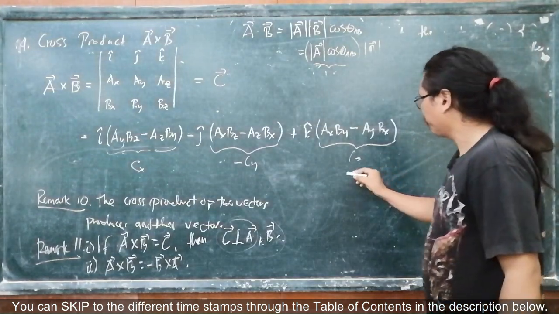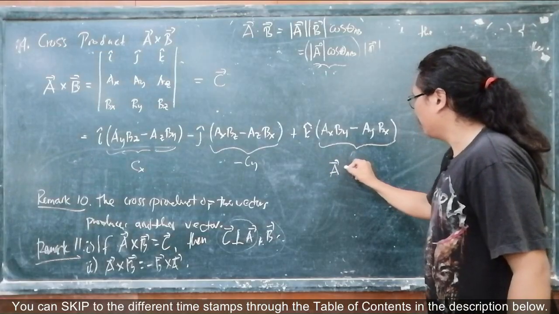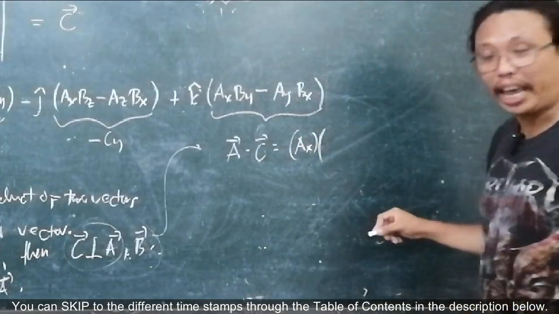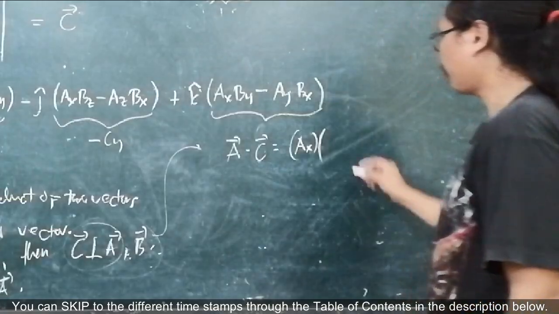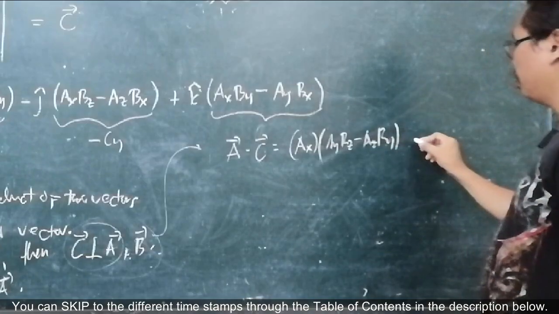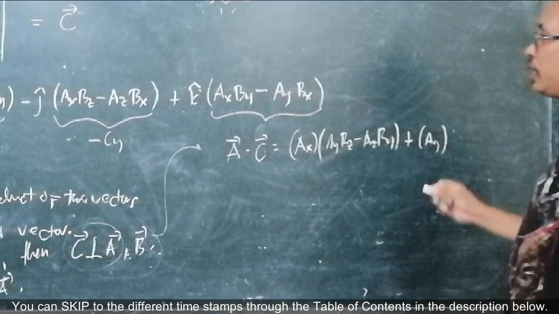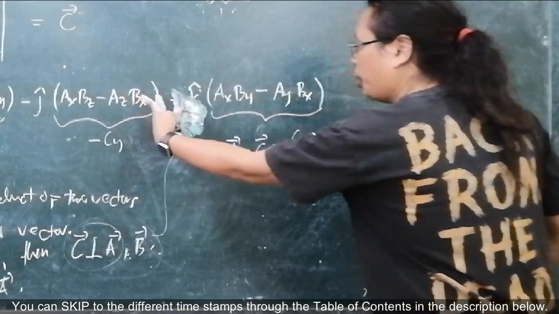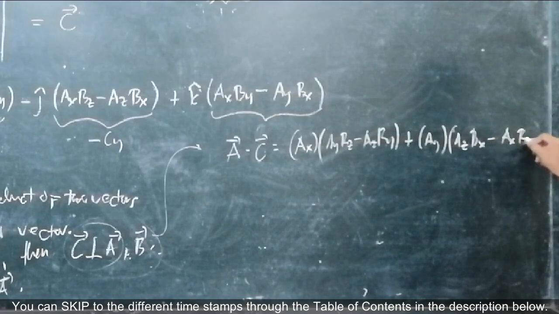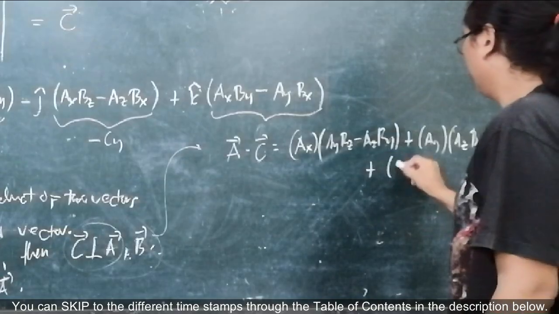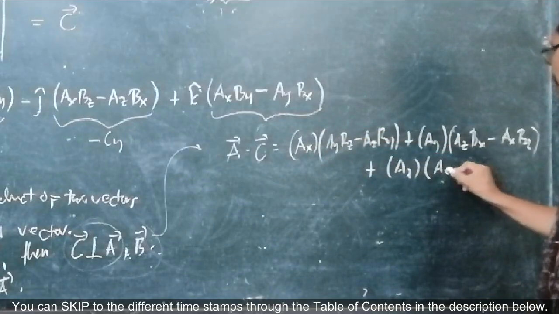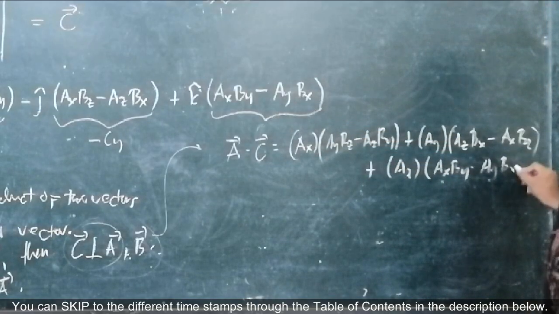Let's take A dot C. This is AX times CX, so AX times (AY BZ minus AZ BY), plus AY times CY, which is negative, so we reverse it: AZ BX minus AX BZ, plus AZ times CZ, which is AX BY minus AY BX.